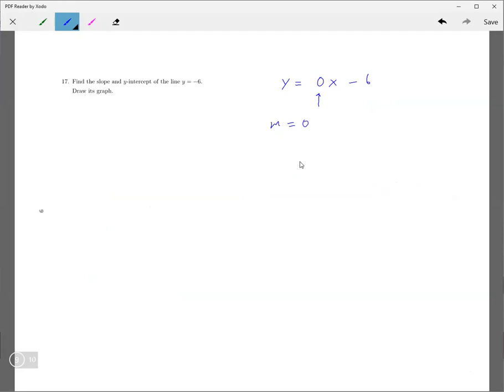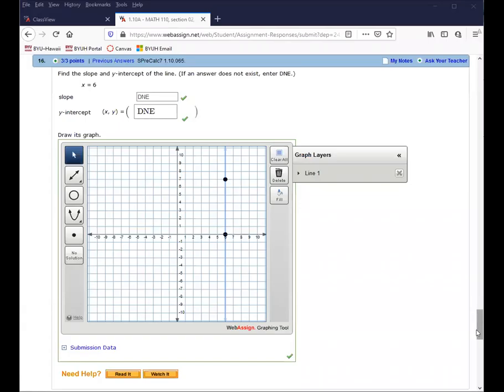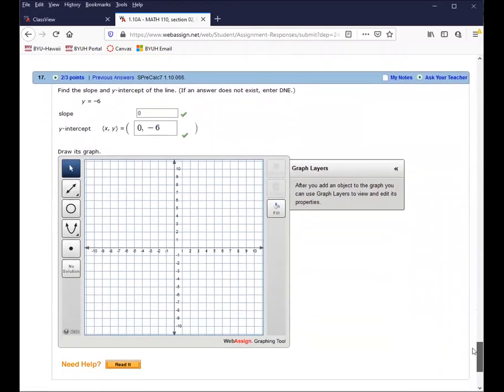So the slope is 0, and the y-intercept would be (0, -6). Those are the two answers.